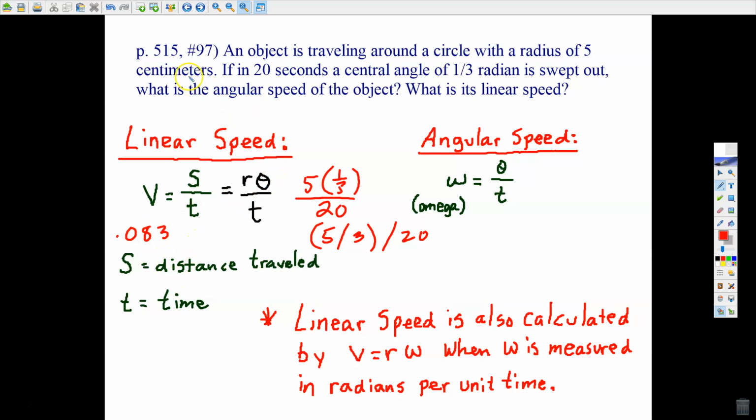And this is in centimeters per second, right? Yep. The reason why I gave both of these is sometimes they go ahead and tell you the length of the arc, and you can just plug right in. That's what S stands for. But if you're not told the arc length, you're going to have to figure that out using this formula that we looked at previously.